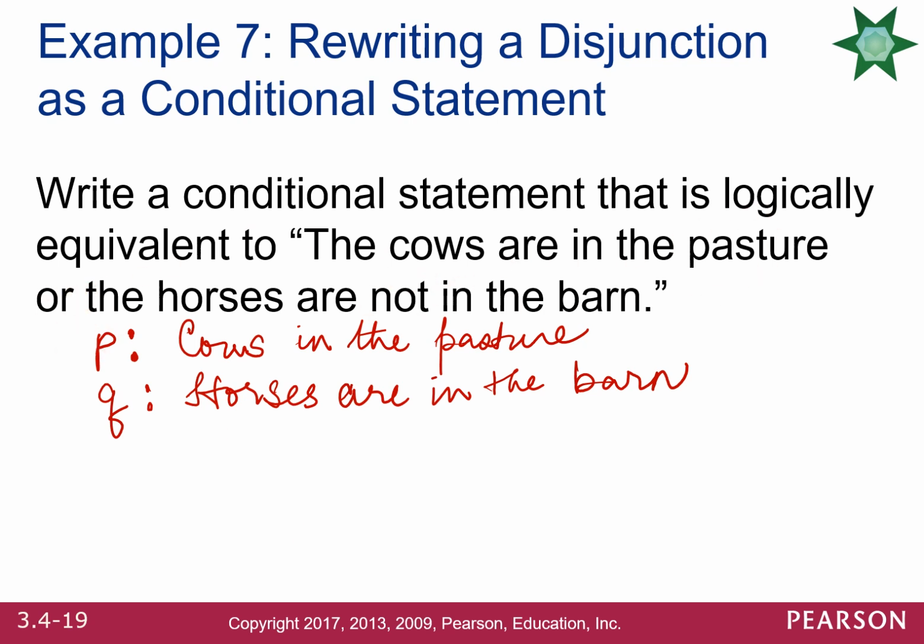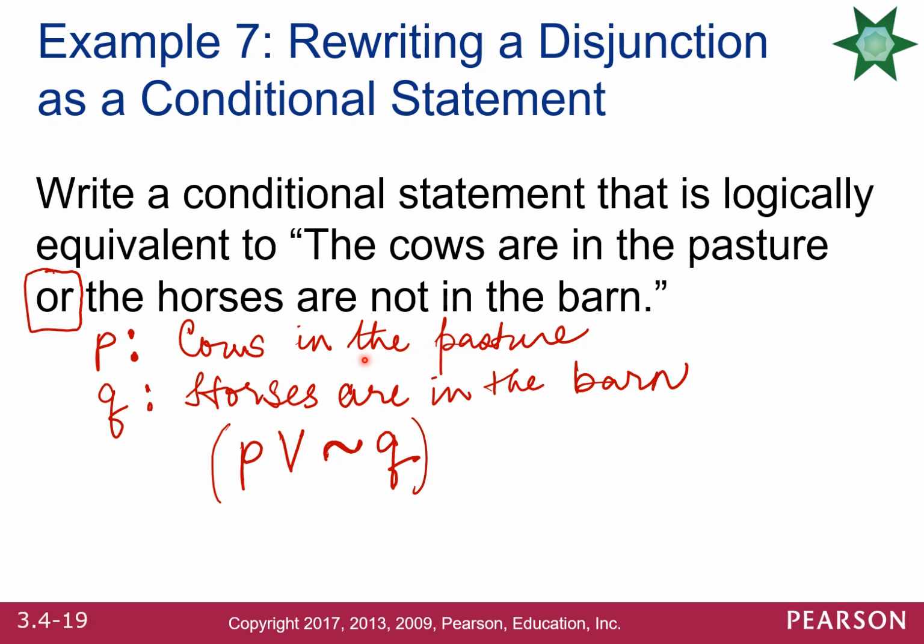Let me circle this or, that tells us it's going to be an or statement. So it's going to be P or, and then horses are not in the barn, so it's going to be the negation of Q, so not Q. So P or not Q is the symbolic form of the statement given here.